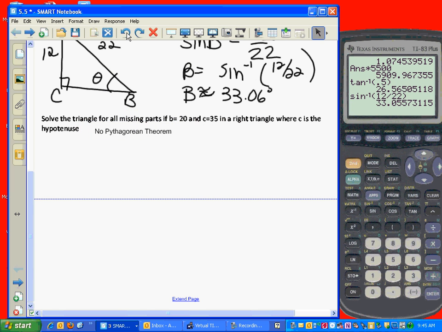Okay. I want you using what we're learning. So solve the triangle for all of the missing parts. If B is 20 degrees, or 20, C is 35 in a right triangle where C is the hypotenuse. So would you please draw your right triangle and label all that information?